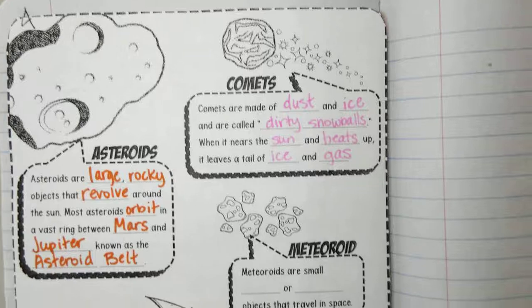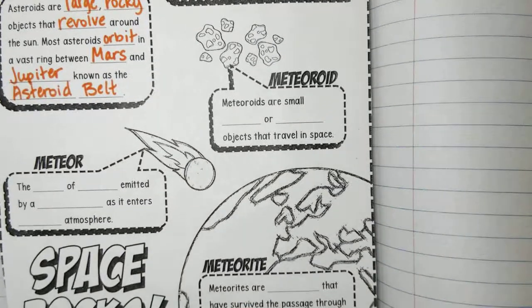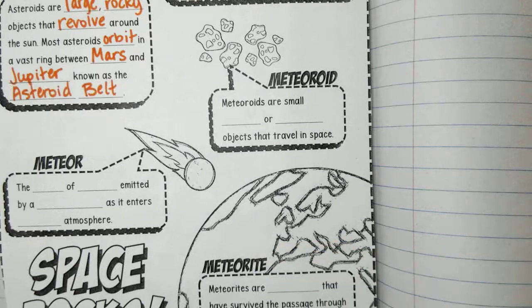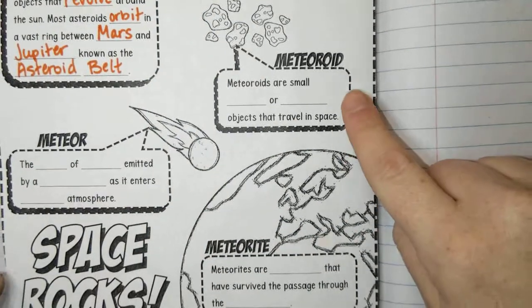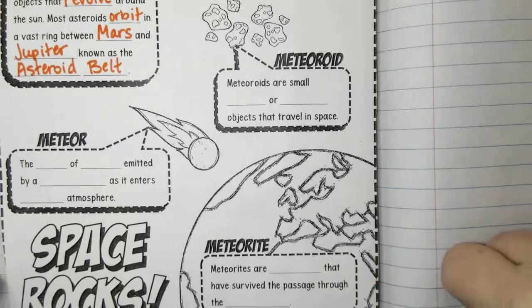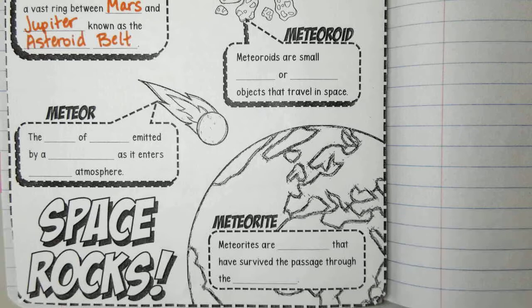All right, if we look at the last 3 down here on the bottom half of the page, you can see that the words are very similar. We have meteor, meteoroid, and meteorite. And a lot of times I think that people use those interchangeably, although technically they're a little bit different.